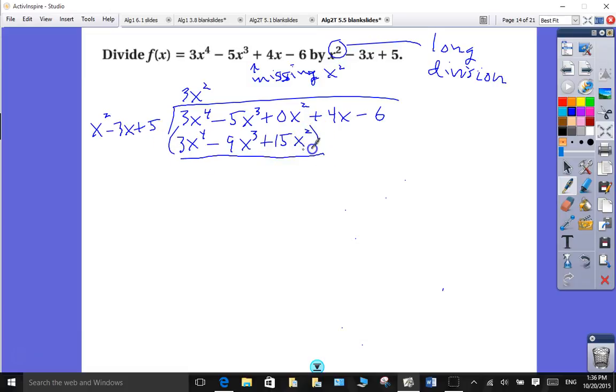Subtract. What's 0x squared minus 15x squared? Negative 15x squared.